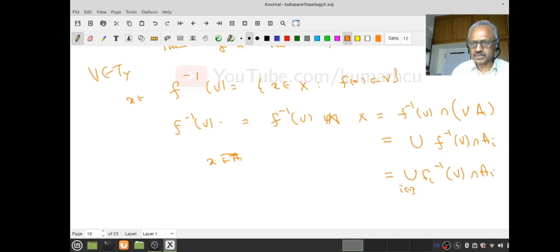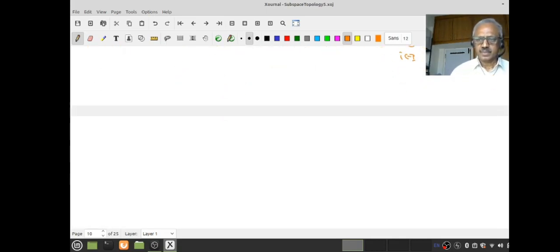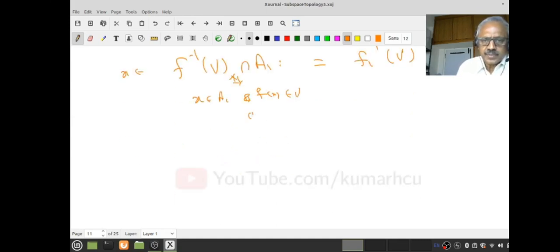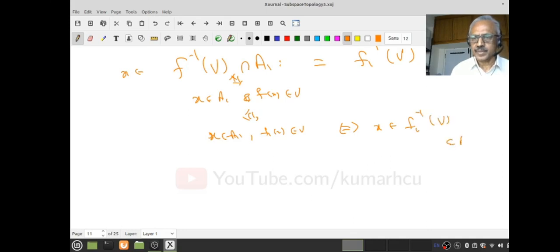So this is immaterial now. I am just repeating, even though I didn't want to, that this is nothing other than f_i inverse of V. Let x belong to this, that means x belongs to A_i and f(x) belongs to V. But x belongs to A_i, so f(x) is f_i(x), the same as saying x belongs to A_i and f_i(x) belongs to V. This is the same as saying x belongs to f_i inverse of V, because this is a subset of A_i.